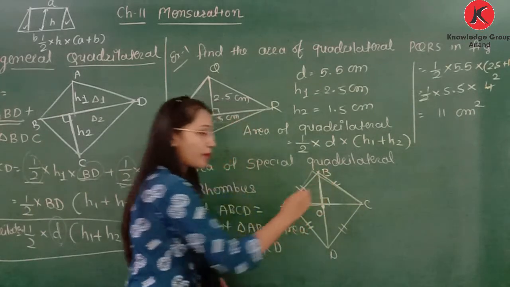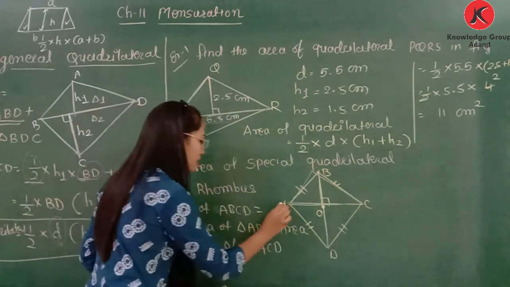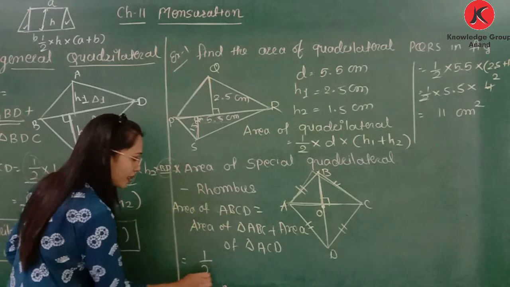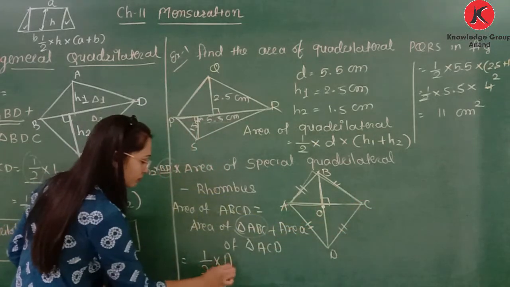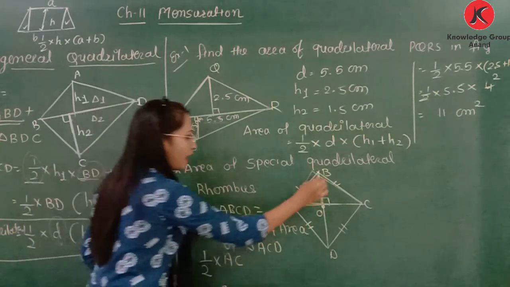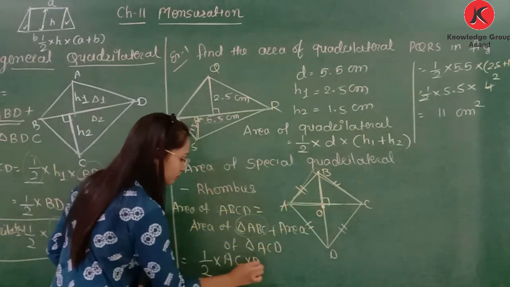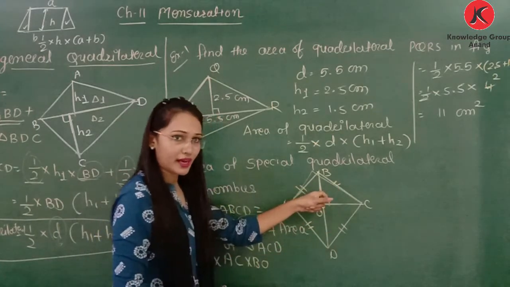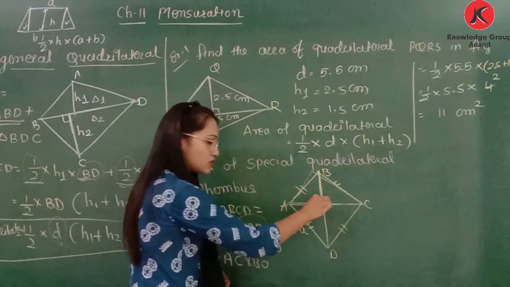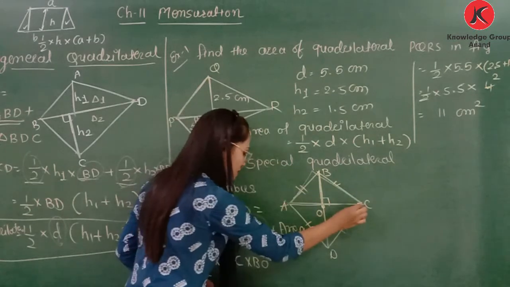Now what is the area of triangle ABC? Because the diagonals are perpendicular bisectors, we can write it as 1/2, for ABC, AC as base and BO as height. For this triangle we are considering only the upper triangle, so this will be the height because it is at a right angle, and this will be the base.